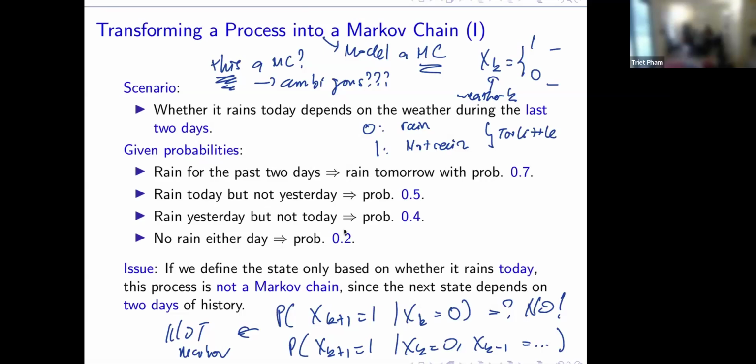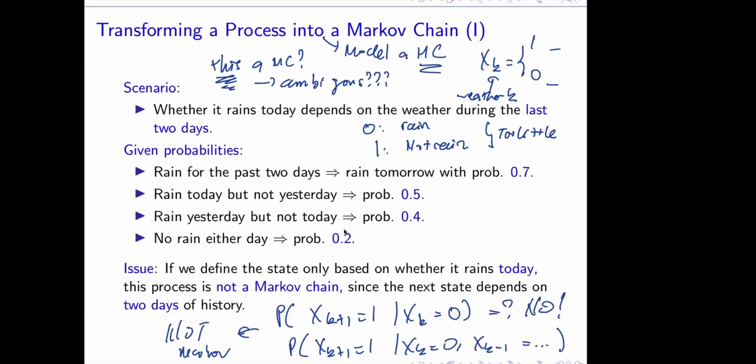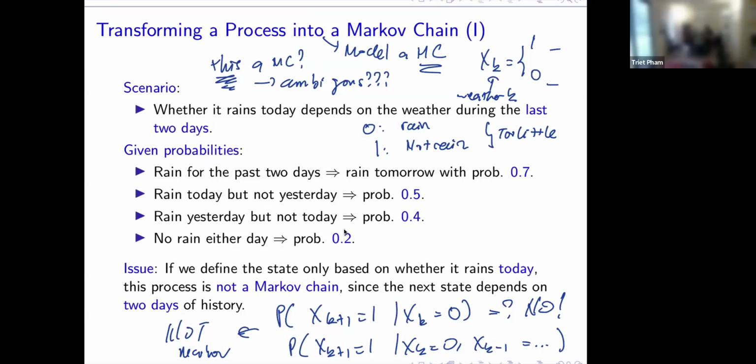We can encode, sorry, was there a suggestion there? We can encode the weather of 2 days at a time. Okay, because why not? The modeling part contains a lot of freedom.